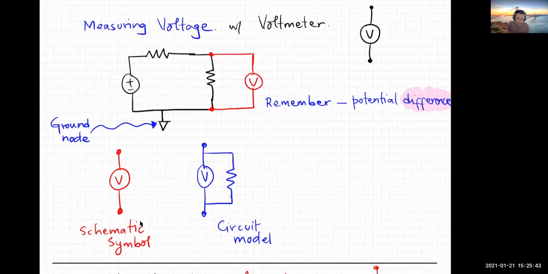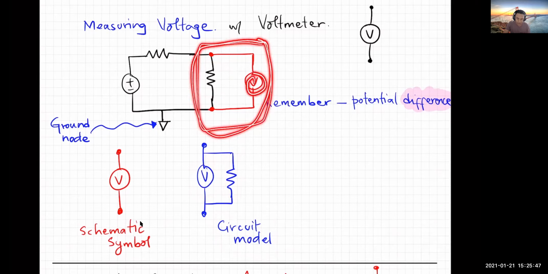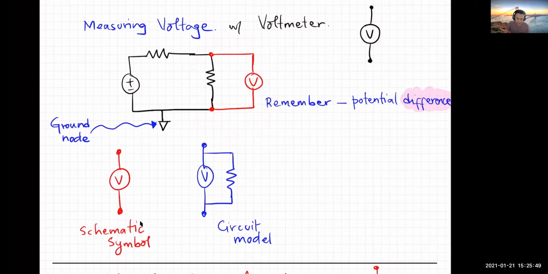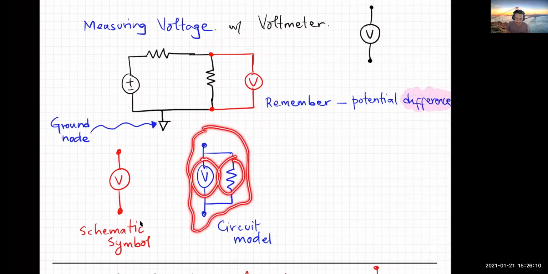Right here, we're just showing an ideal voltmeter connected across this resistor. But this voltmeter actually has some resistance of its own that we can model. So we can simplify the complicated circuit within the voltmeter into this model of an ideal voltmeter plus a parallel resistor.